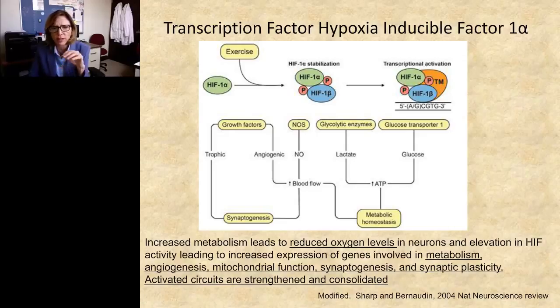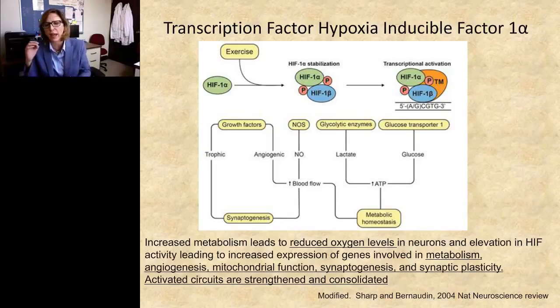But one of the ideas that we have essentially borrowed from these other groups is the idea that exercise, like hypoxia, may provide a stressor within these cells that may drive the expression of HIF, creating some level of stabilization of HIF and leading to some transcriptional activation. This is of interest because this transcription factor is upstream among a number of different mechanisms or pathways that can support synaptogenesis and metabolic homeostasis.